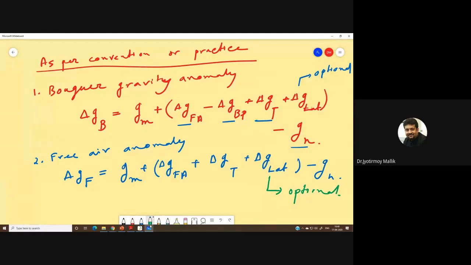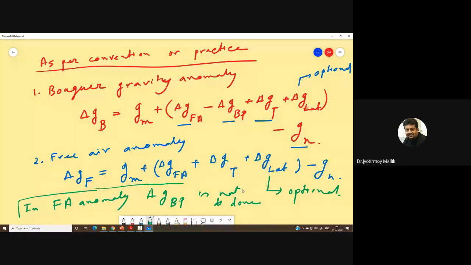So in free air anomaly, delta G BP is not done. And we will see why in case of free air anomaly, delta G BP is not done.